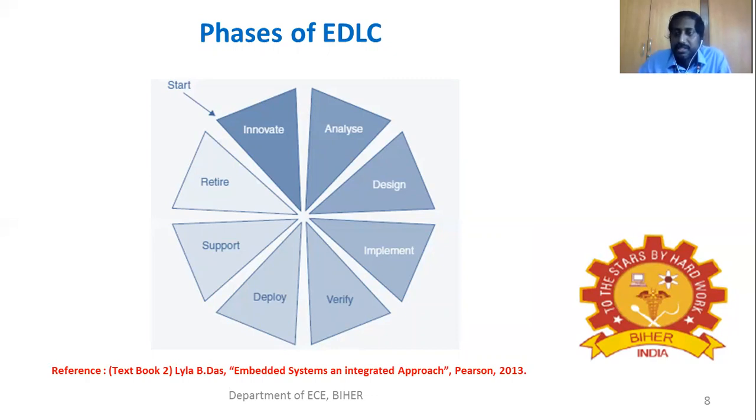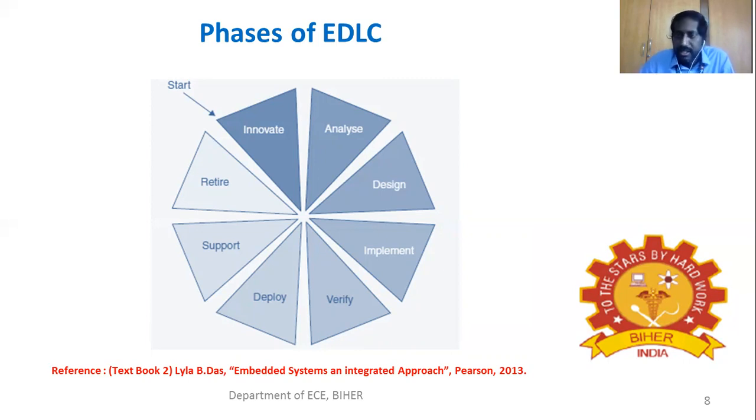Finally, the application code is integrated in a chip. You need to verify whether the device or system solves all practical application requirements. Then deployment is the next step. After that, we need to support a continuous upgradation process. We need to include the modules that are required.